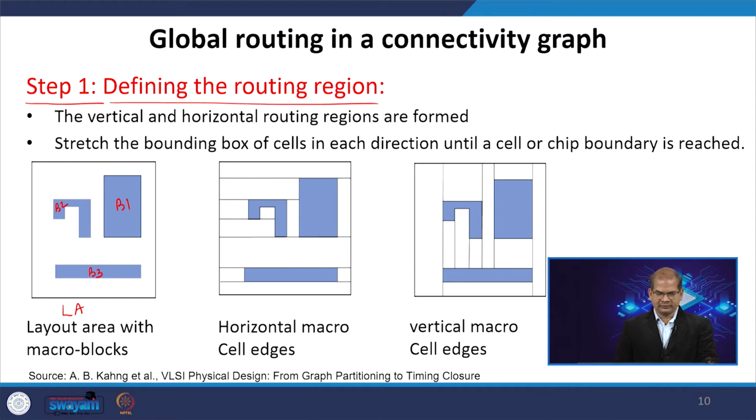So the first step is to create the vertical and horizontal routing regions. The layout is the input and the output is the vertical routing regions and the horizontal routing regions. This is a horizontal routing region.